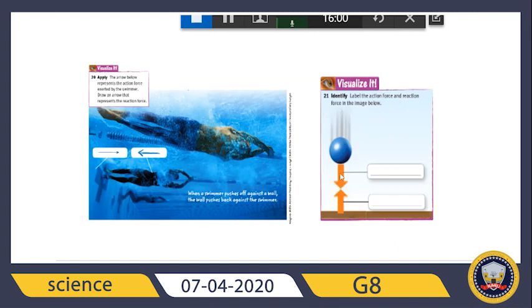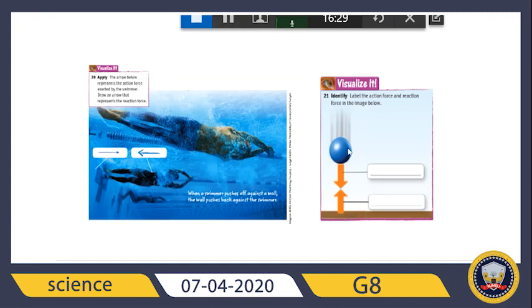And below, as you can see, two arrows, they have the same length, which means that the forces are equal, but as we can see, they have opposite direction. Okay, so now guys, which one is the action, which one is the reaction? Exactly, this arrow represents the action and this one represents the reaction force.